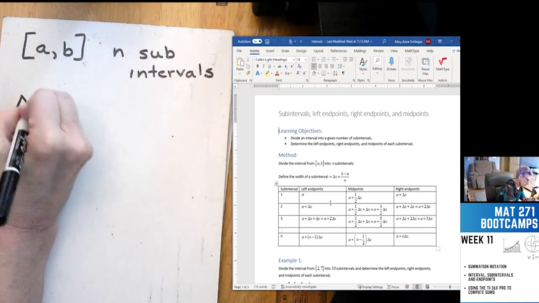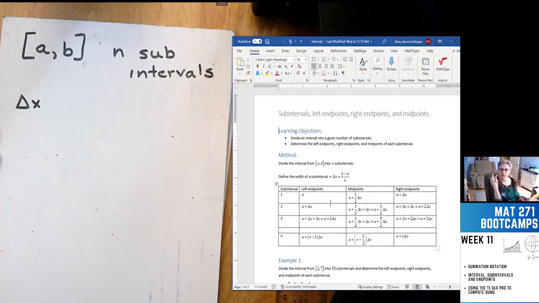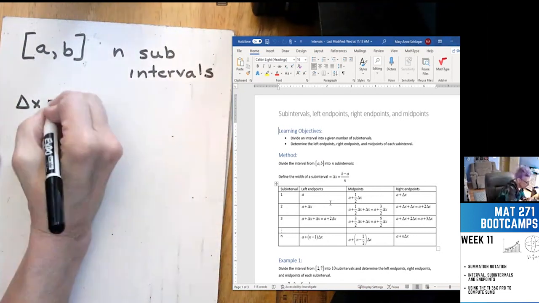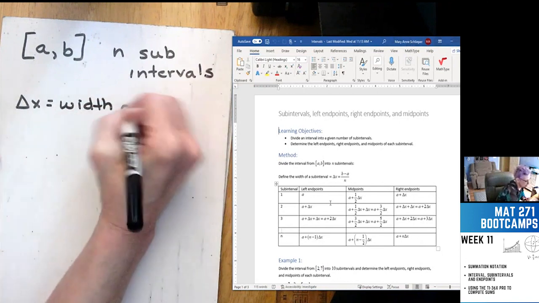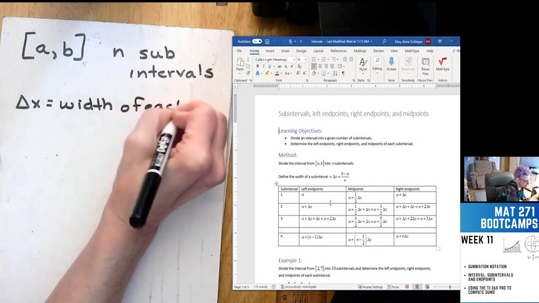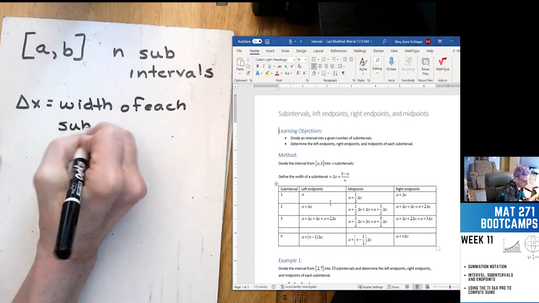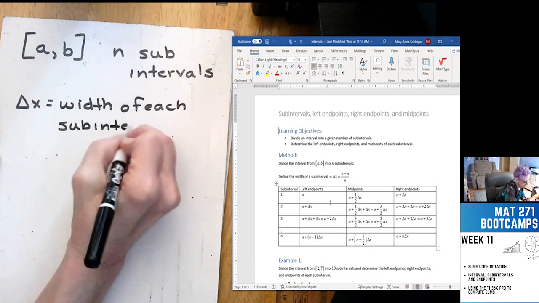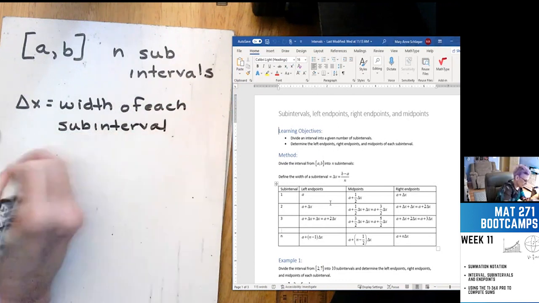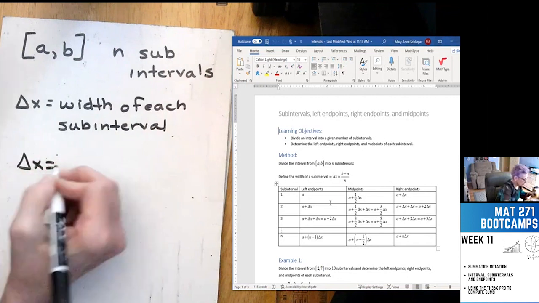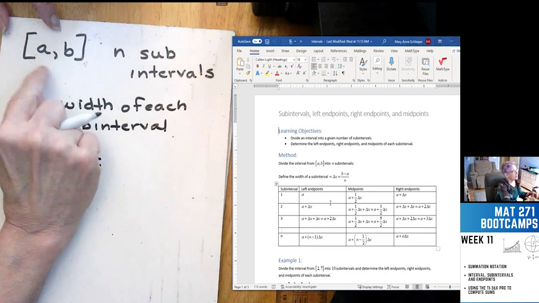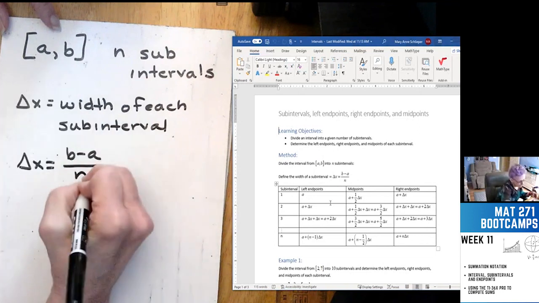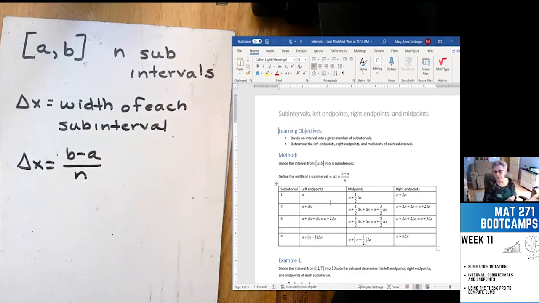So first thing we do is determine the width of each of the subintervals, and we call that delta x. And delta x is equal to b minus a, the length of the interval, divided by the number of subintervals.